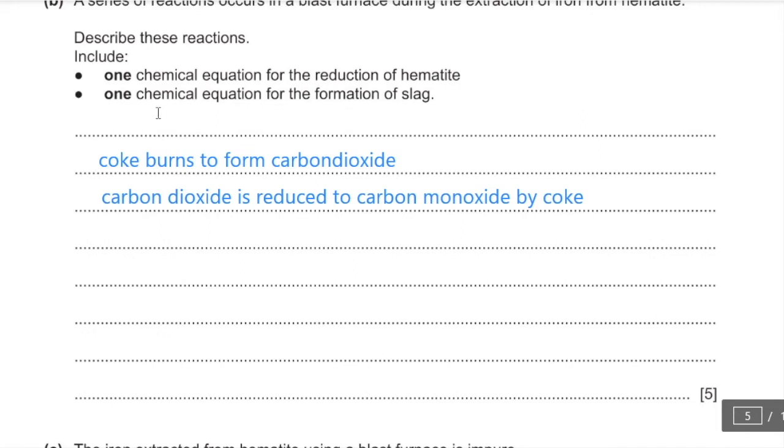So here I'm going to be writing the equation for the reduction of hematite. And then this gives the products as iron as an element itself, as well as carbon dioxide.